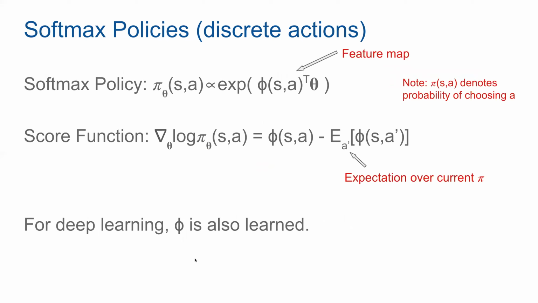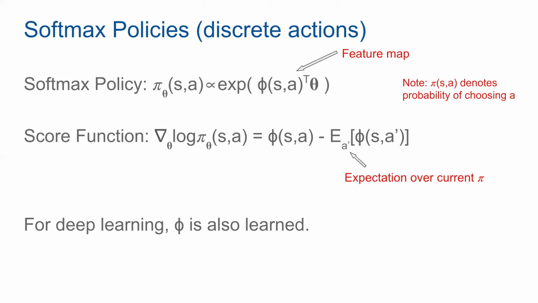Let's go over two very common stochastic policy classes. The first one is a softmax policy, which is very common and popular for discrete actions. In the first line, you see that the probability of taking an action in a state is proportional to the exponential raised to some feature map transpose theta, where theta is the parameters of the policy.